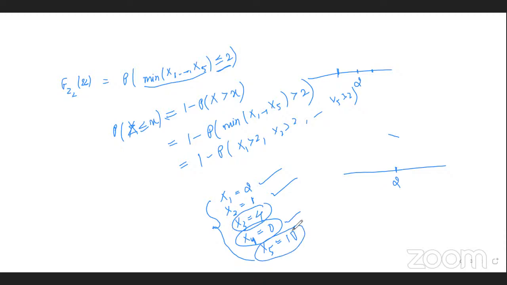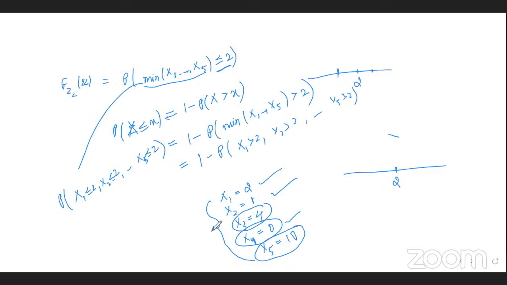No. So you cannot write it as X1 less than 2, X2 less than 2, up to X5 less than 2. We cannot write that all of them are less than 2, but we can say that the minimum of X1 to X5 is less than or equal to 2.